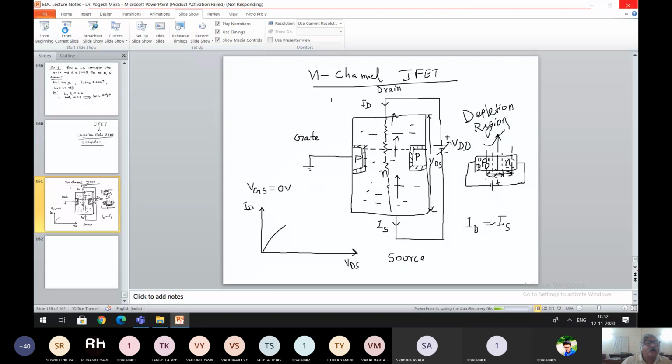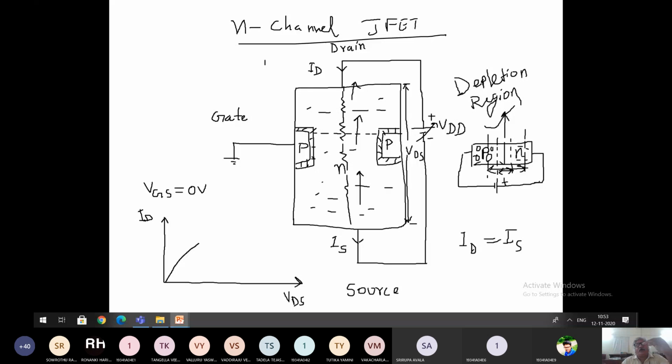Okay, student. So you can see that you understand this concept properly. Otherwise, you will not understand the working of this JFET. If you are increasing VDD, then what is happening? N channel is connected to the positive terminal, right? So the positive terminal is increasing, means you are increasing the voltage of the positive terminal.